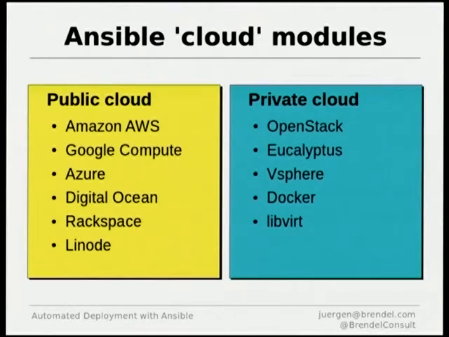I've experimented a bit with the DigitalOcean and the AWS ones for the public and the OpenStack one for the private ones, but it has modules basically for all of these things. And with every release of Ansible, more of these modules are being added, so that you can set up your entire compute environment and data center using Ansible.